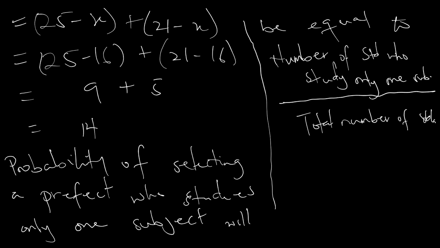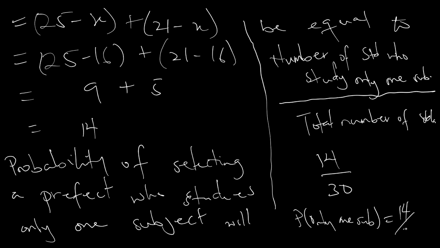So the number of students who study only one subject is 14, and the total number of students in the class is 30. So the probability will be 14 over 30, which is 7 over 15.